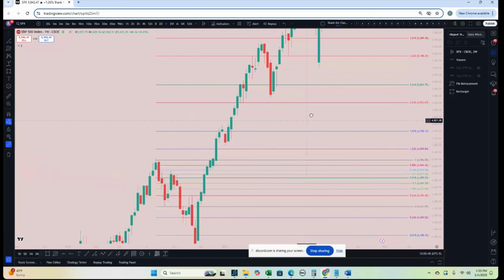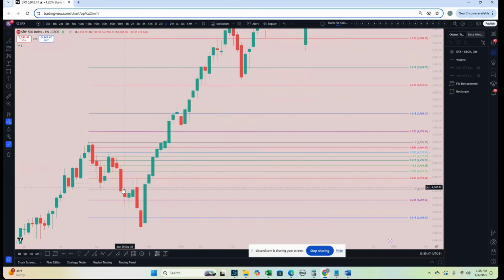Typically, when we pass the low from which it retraced back, if you catch it here, you can target basically that low, or you can target that negative 0.236 level, and then you can let your runners do what they need to do.